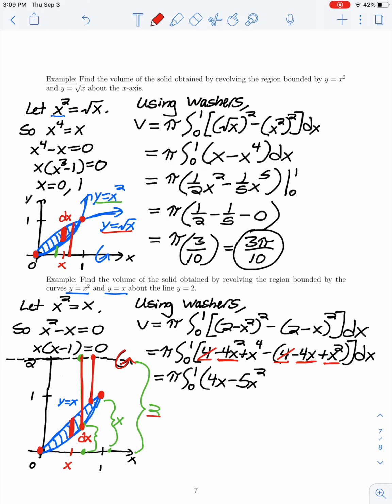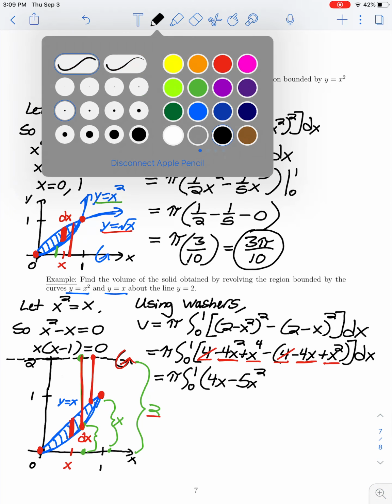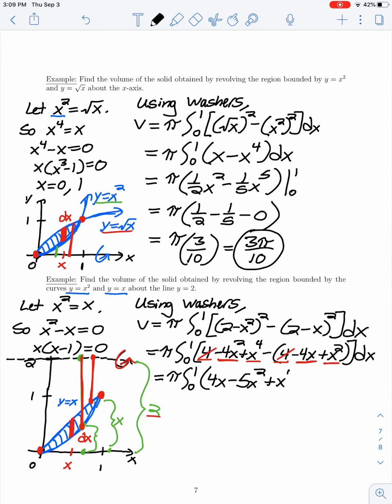And then the last term I had was this plus x to the fourth times my differential of x. So the antiderivative of this is then pi times 2x squared minus 5/3 x cubed plus 1/5 x to the fifth, and we're evaluating from 0 to 1.